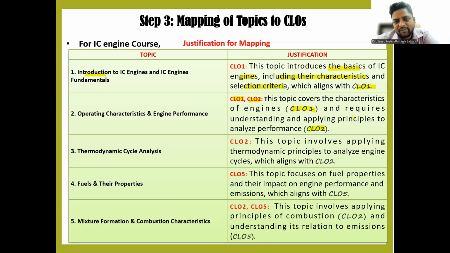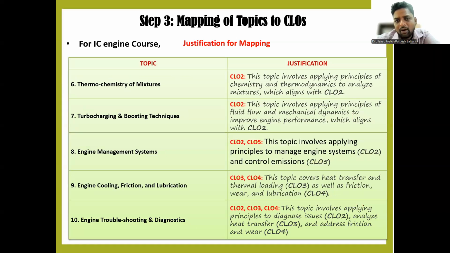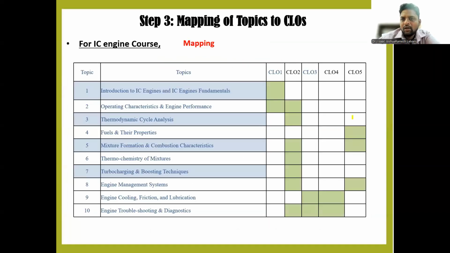For each topic we made this, and now I am going to sum it all up into a particular table. Here, the topics are 1, 2, 3, totally 10 topics. I have tabulated all 10 and written the topics also. The first topic just covers CLO1. The second topic covers CLO1 and CLO2.